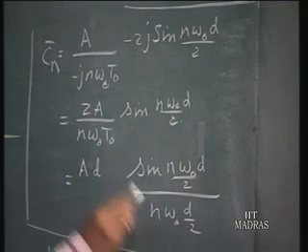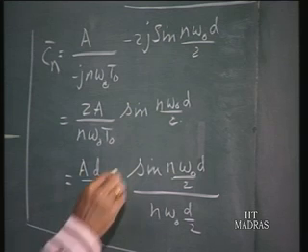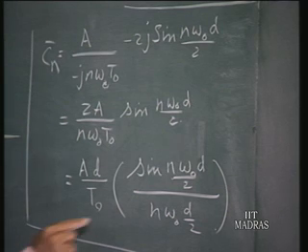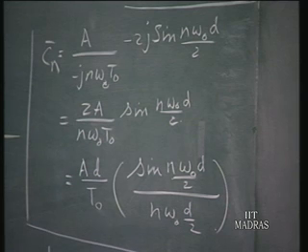N omega naught are already carried over here, so all that remains is this. I put this in this particular form because this function is of the form sin theta by theta, which is a function well known in mathematics literature and which comes up quite frequently in waveforms of this sort.